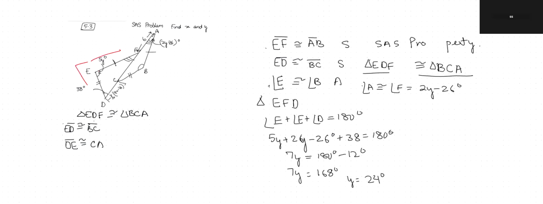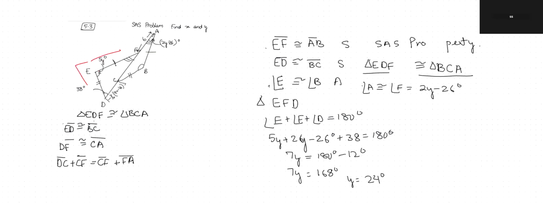Segment DF is congruent to AC. So DF is DC plus CF. And CA is CF plus FA. So CF and CF cancel out.